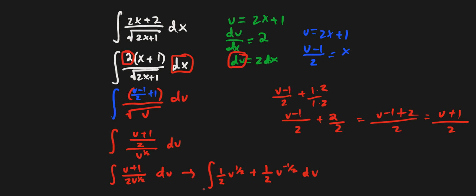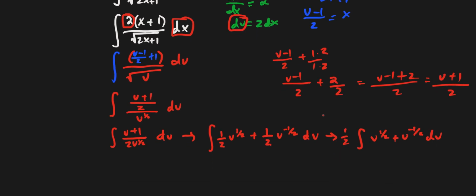Now obviously we can factor out a 1/2, and we'll just push that out. So this is just going to be 1/2 times the antiderivative of u raised to 1/2 plus u raised to negative 1/2 du. Okay, so now I need some extra space, so I'm going to scroll down. So this is just going to be equal to 1/2 times u raised to the 1/2 plus 1, which is 3/2.